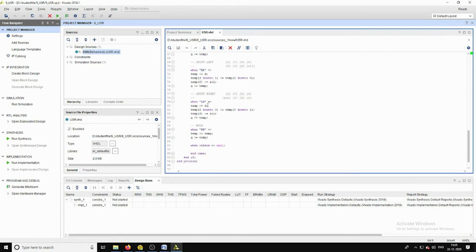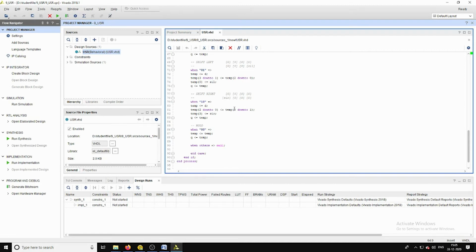If we perform the right shift operation, here we are selecting the selection line as 1 0. In this case, the MSB bit is assigned with right shift signal SIR, and the lower bits, that is 2 down to 0, are assigned with the higher order bits of 3 down to 1.